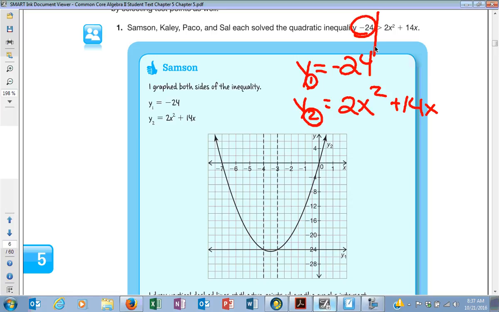Because I'm going to have 2 different graphs up here. So instead of me saying, hey, look at the graph, I can say, look at graph Y2. And if you look in your book, you see the Y2 is right here. You know that I'm talking about the parabola shape. Whereas if I say, hey, look at Y1, you know I'm talking about the linear one. They're just organizational skills.